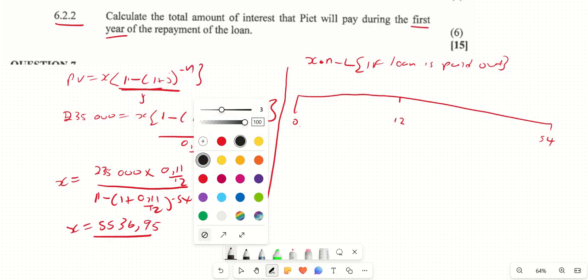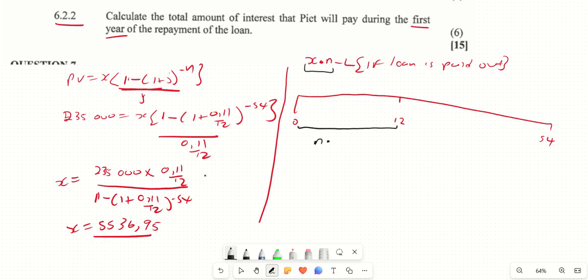Let's check how much he paid within that interval, which is our installment multiplied by 12, because the first year is 12 months.